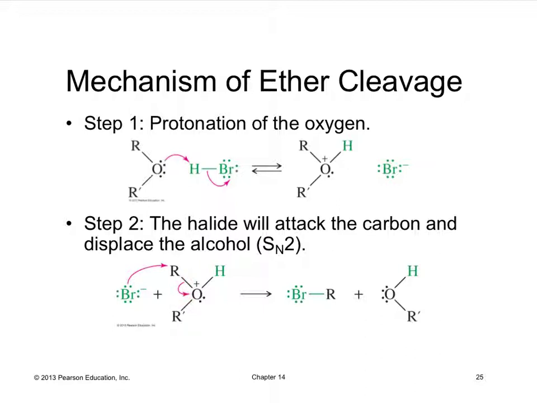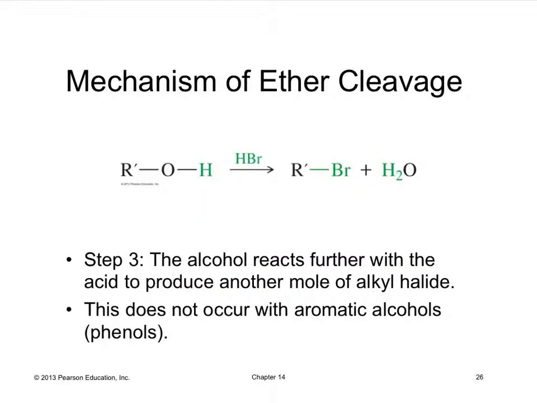Electrons will go to the oxygen, forming the alcohol and forming the alkyl bromide in this case. So that alcohol that is formed then reacts with another equivalent of HBr to generate the alkyl halide and water. So 2 moles of alkyl halide are then formed, and this does not, that's really important, does not occur with aromatic alcohols or phenols.